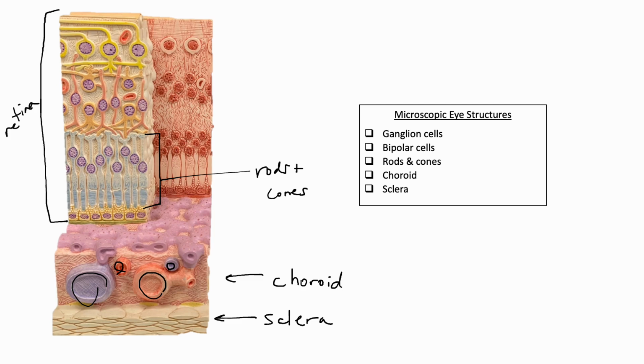And then this middle layer is a layer called bipolar neurons. And this top layer, these are the ganglion cells.